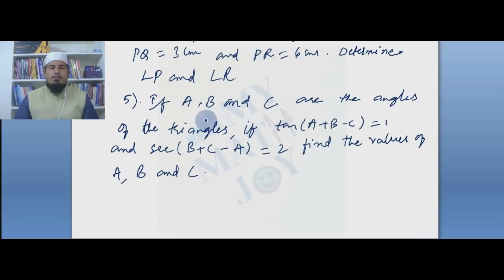Problem number 5 has a, b and c, three variables, and we will get two equations from here. The third equation is to be taken from your common sense, because he told us that angles a, b, c are the angles of the triangle, so a plus b plus c should be equal to 180.